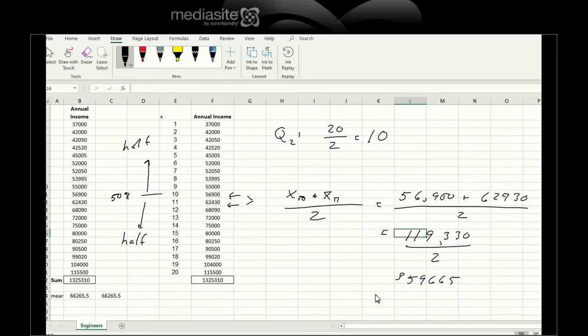Of course, 59,665 fits right in between those two values.